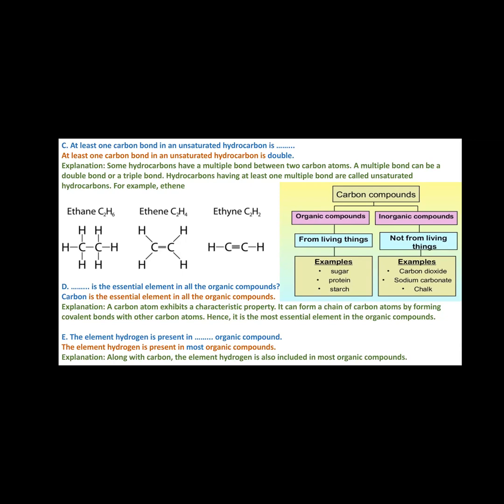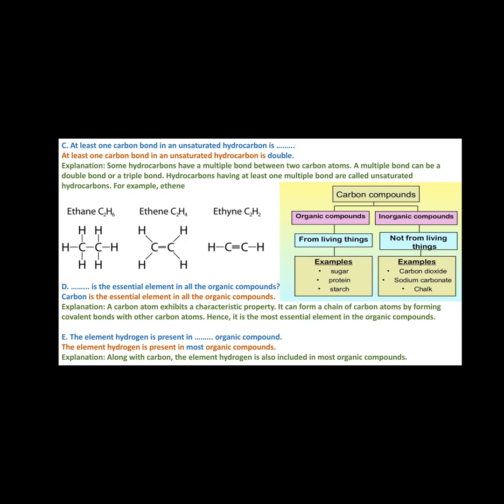A single bond hydrocarbon is known as saturated, but double bond or triple bond hydrocarbon compound is known as unsaturated hydrocarbon. So unsaturated hydrocarbons have at least a double bond, maximum triple bond. So double is filled in this blank.